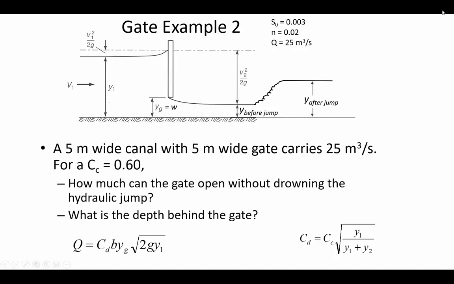So find the normal depth using the slope of 0.003, an n value of 0.02, and the Q of 25 cubic meters per second. So I'll find Manning's equation and paste it up there in case you don't have it in your memory. Just 1 second.